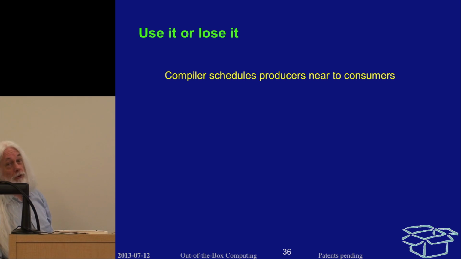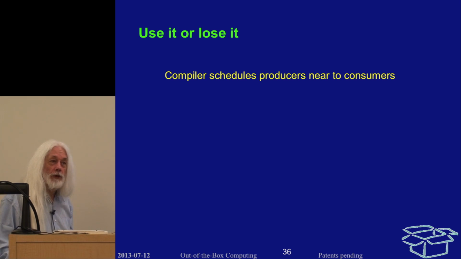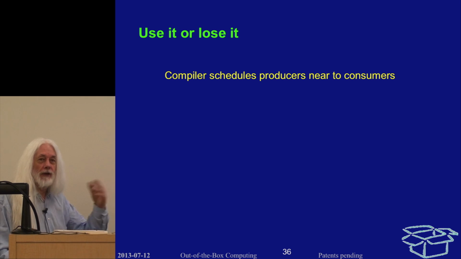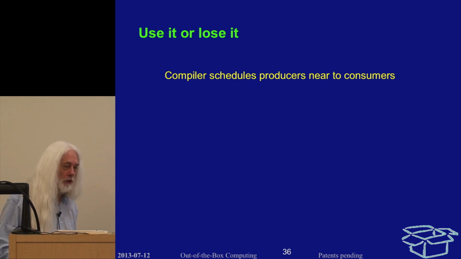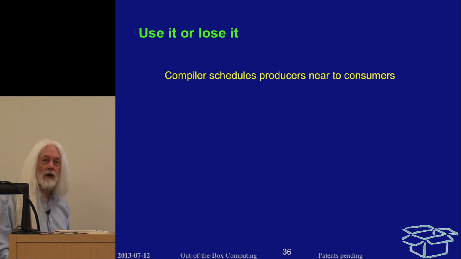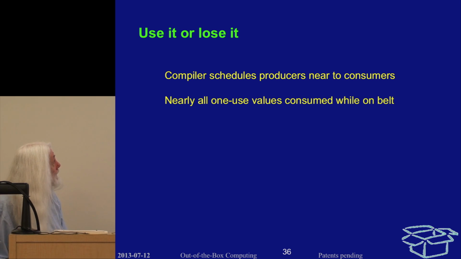Now, the things I show you falling off the back end, they are definitely use it or lose it. But in order to reduce the possibility that something you really want falls off the back end, your best code will come if the compiler schedules producers very close to consumers, because that means that the produced value is likely to still be on the belt when the consumer wants it.